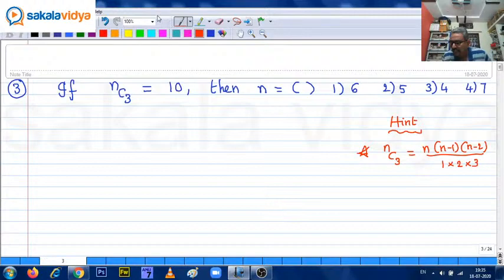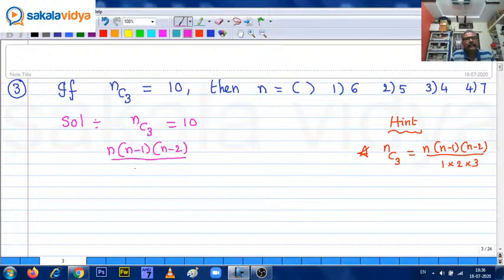So now we can write the solution. Since given NC3 equals 10, where NC3 is replaced by n times n minus 1 times n minus 2 upon 1 times 2 times 3 equals 10. Cross multiplication takes place.